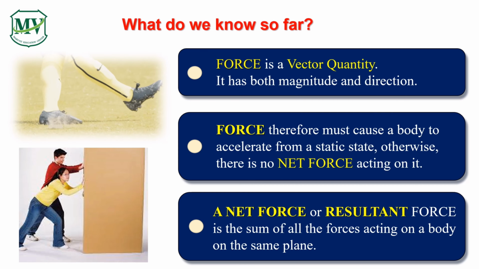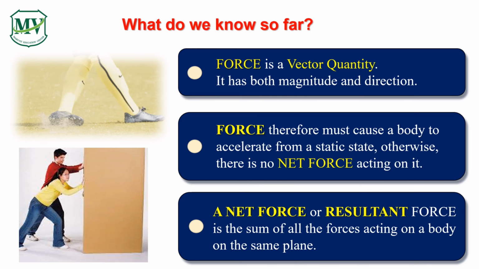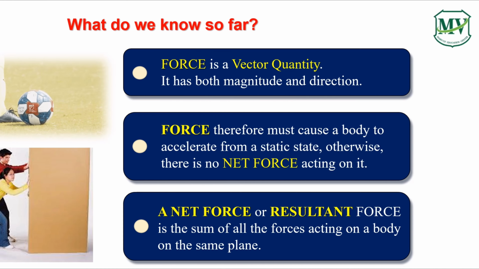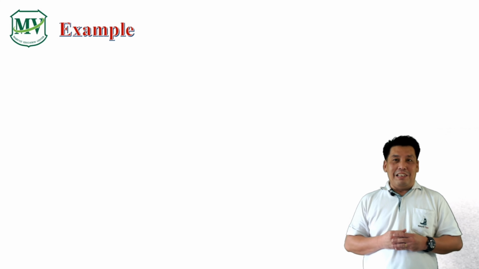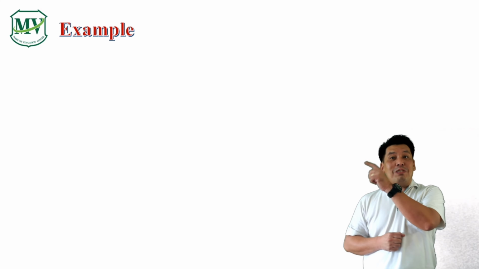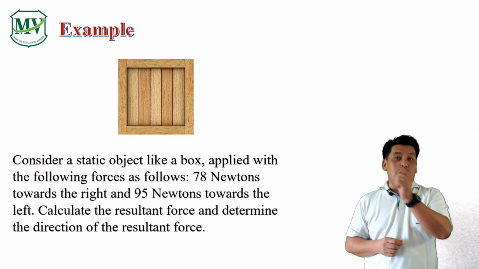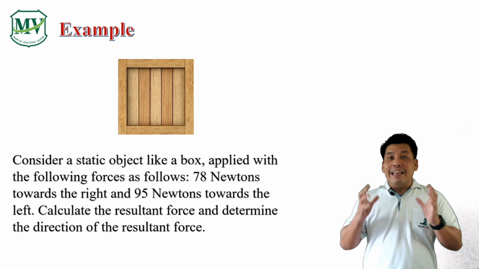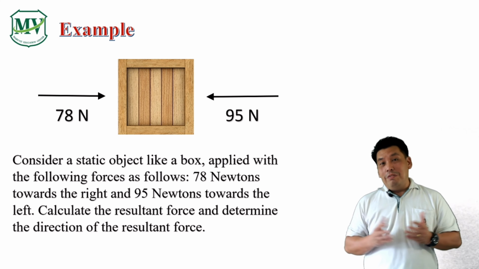Therefore, unbalanced forces are forces that must be greater than the other forces present and exerting on an object to cause it to move. Now, here is an example of two unbalanced forces with different magnitudes acting on this wooden box. Now, since both forces acting on this wooden box are coming from two opposite directions, can we still predict the direction of motion of this object?